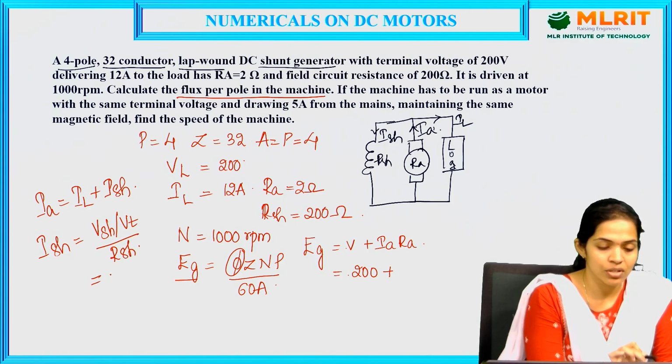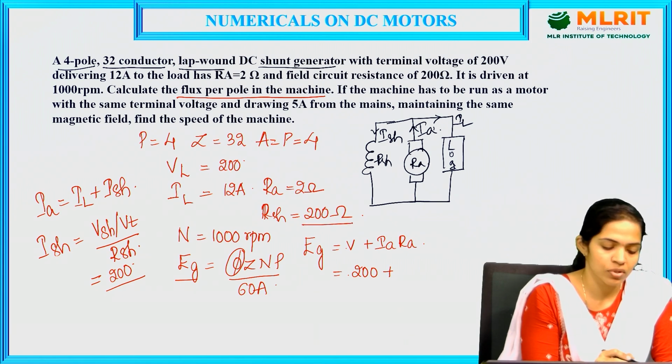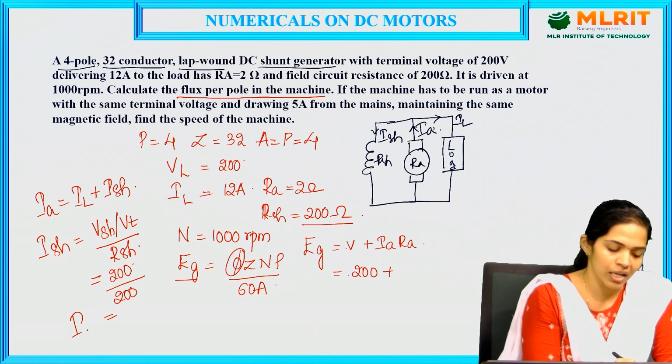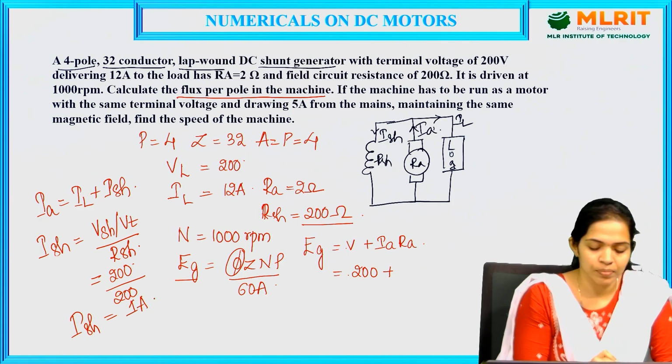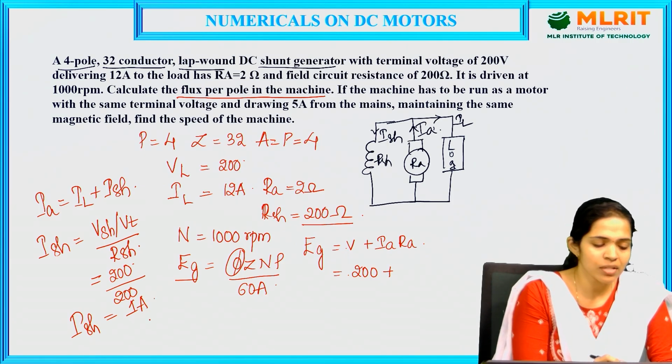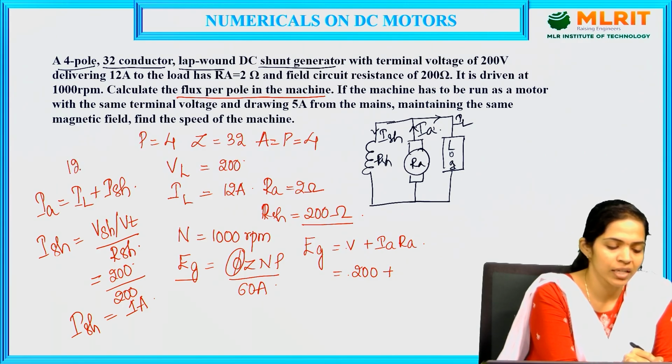So VSH is nothing but 200 volts divided by RSH, which is given as 200 ohms. So now my ISH will be 1 ampere. From this, I have 12 amperes as my line current and 1 ampere as my shunt field current.